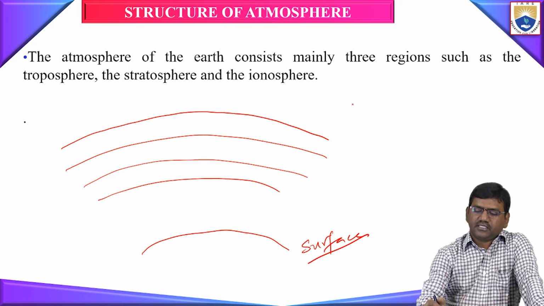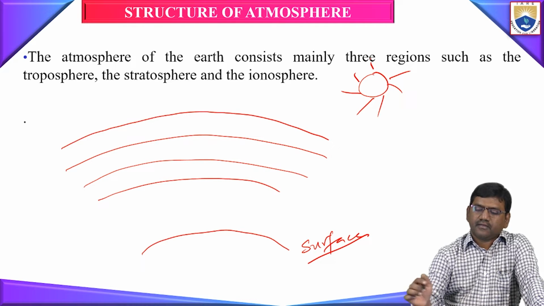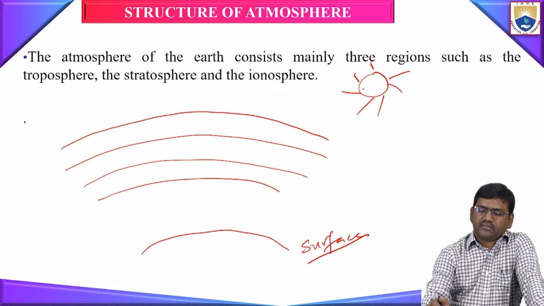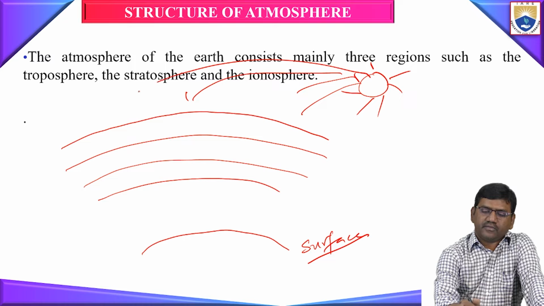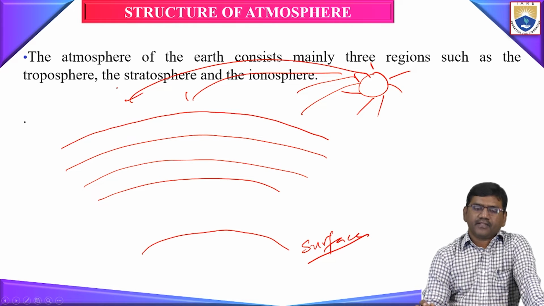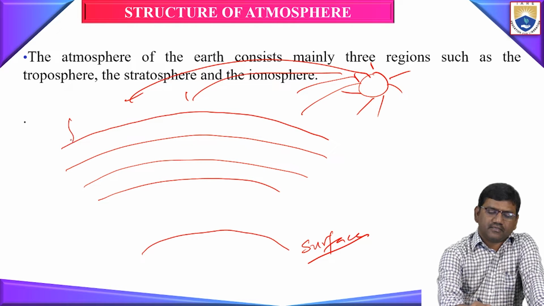Let us assume the sun is here, and from the sun some cosmic rays are falling on these layers. Let us assume these arrows are cosmic rays.